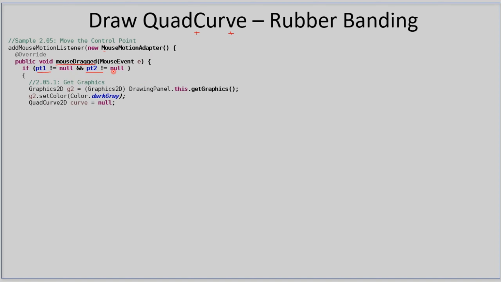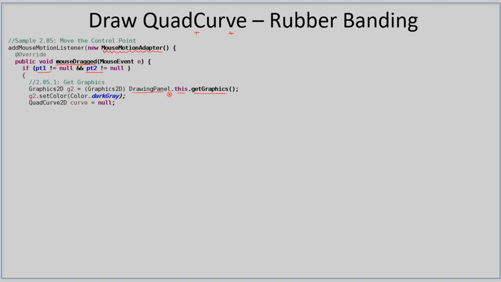Alright, so inside this conditional check we are getting the graphics. So here if you see drawing panel, that's our panel. This getGraphics. Why? Because drawingPanel.this denotes the outer class. Here we are already inside the mouse motion adapter. That's why here we are explicitly using the outer class, drawingPanel.this.